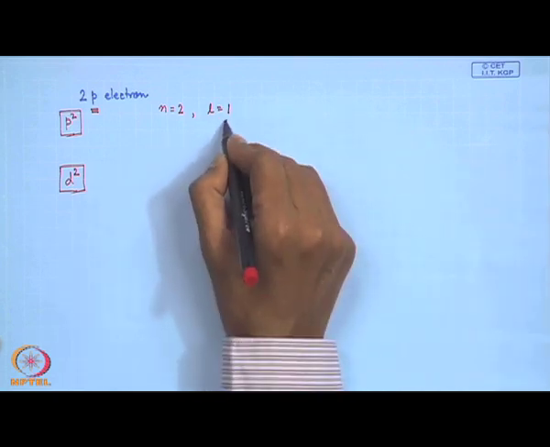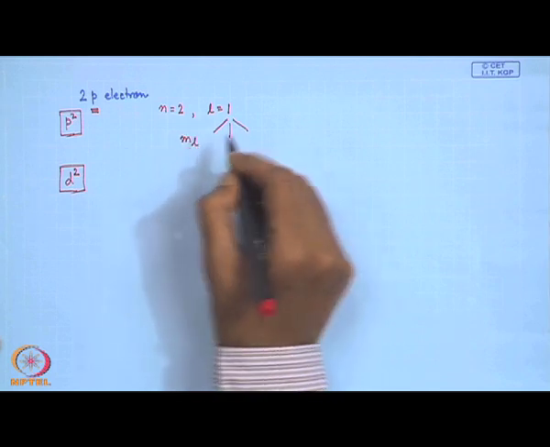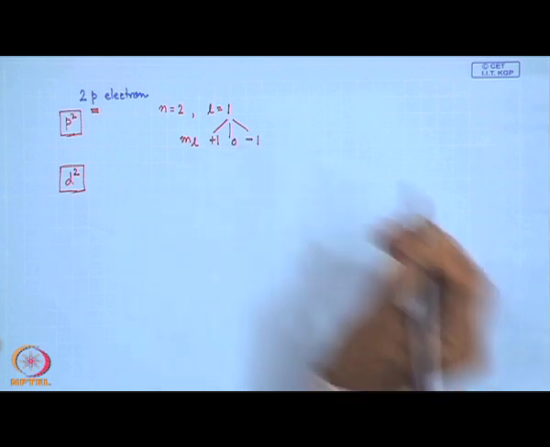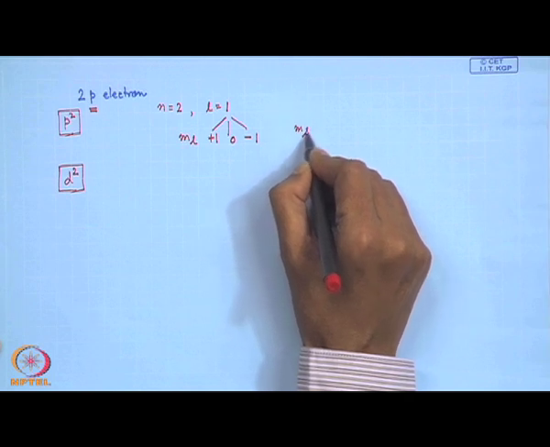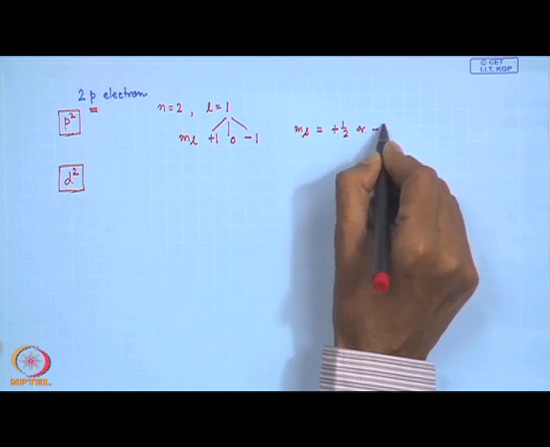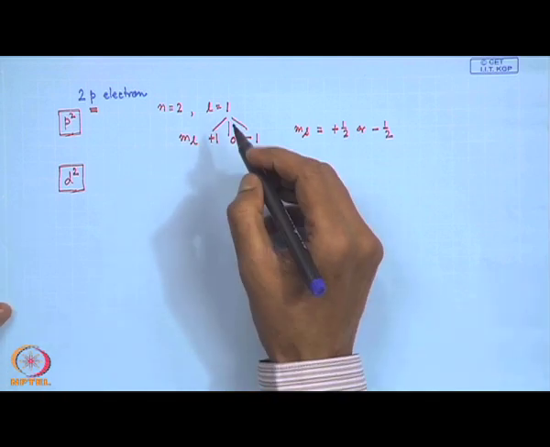So, we can have 3 different ml values: ml can be plus 1, 0 or minus 1, and ms values can be plus half or minus half. So, these are the different possibilities for a 2p electron.